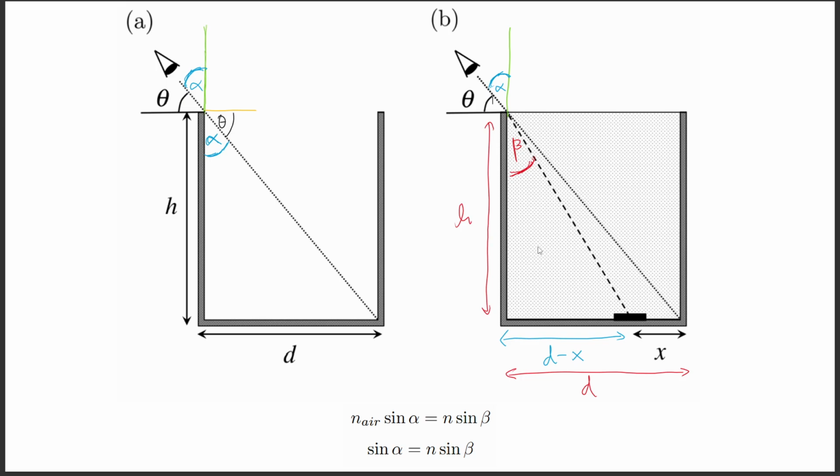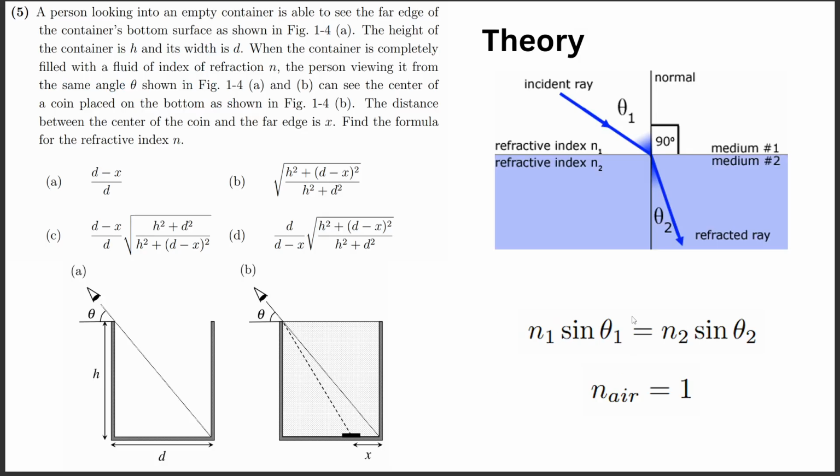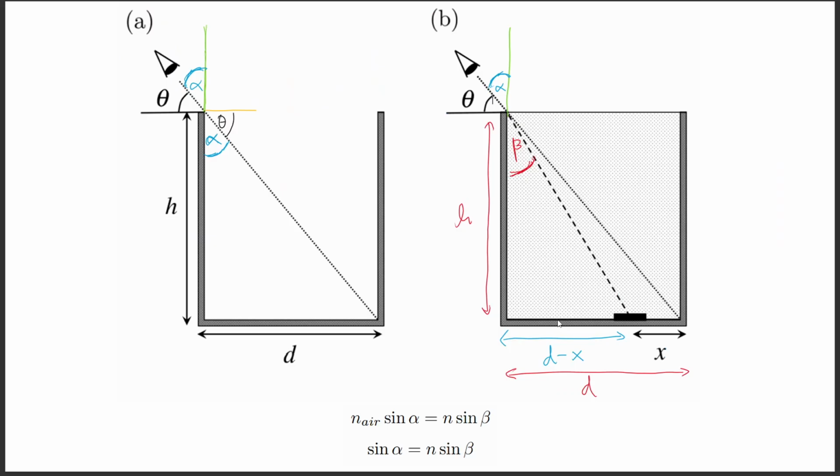So from this problem, we have to express it as this equation. So you can write n of air times sine of this angle. Why don't we use theta?